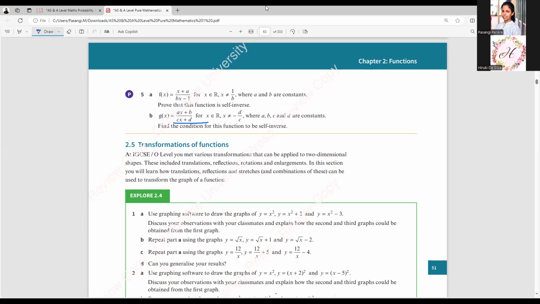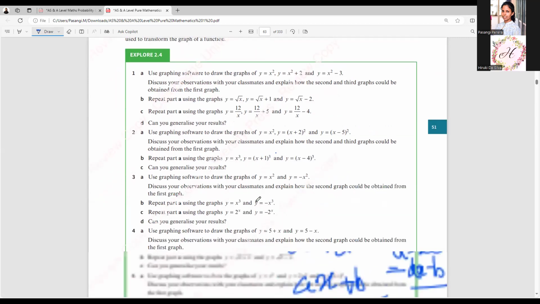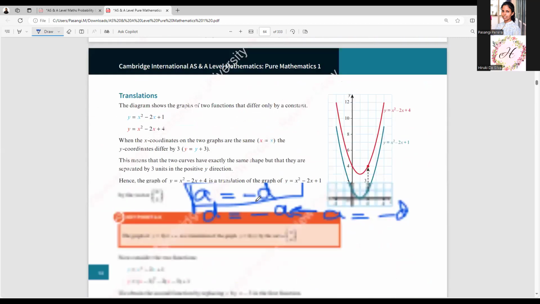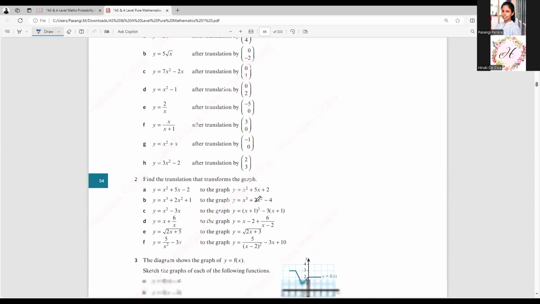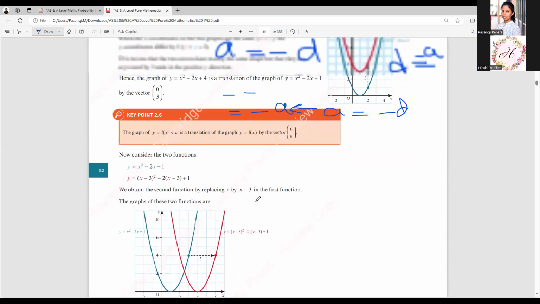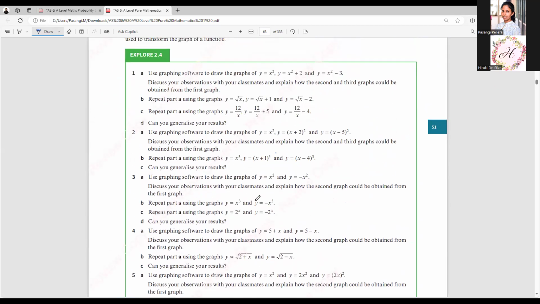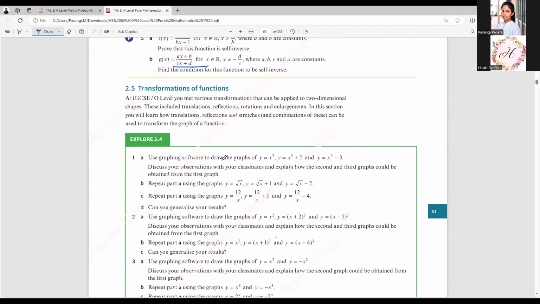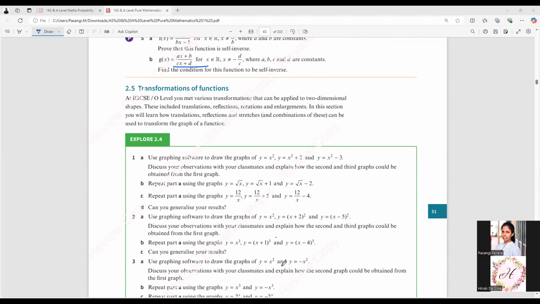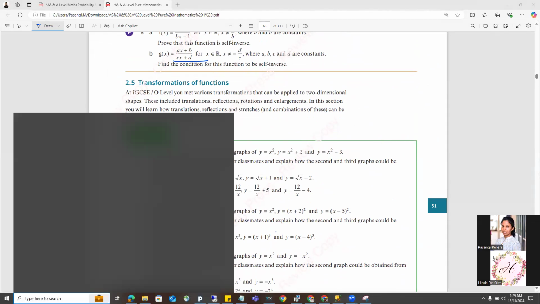So here, Explore 2.4. Use graphing software to draw the graphs. Let me share my whole screen.